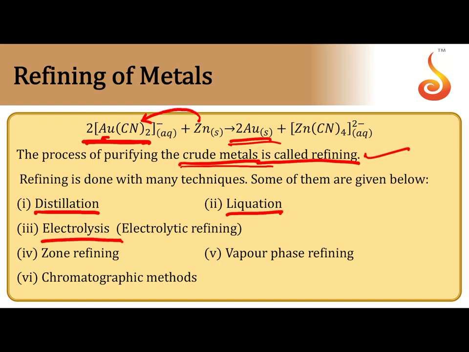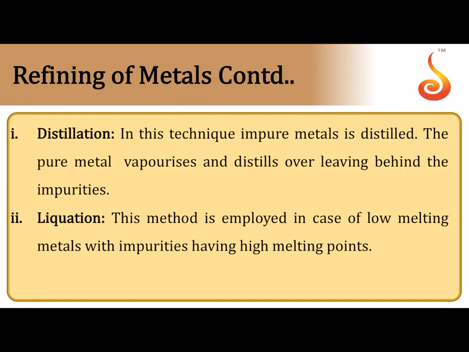Liquation, electrolysis, zone refining, vapor phase refining, or even chromatographic methods are also used for metal refining. In distillation, impure metal is subjected to distillation. The pure metal vaporizes, and the vapors are collected and condensed to get metal in pure state.